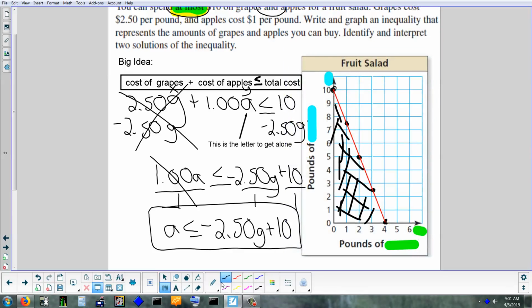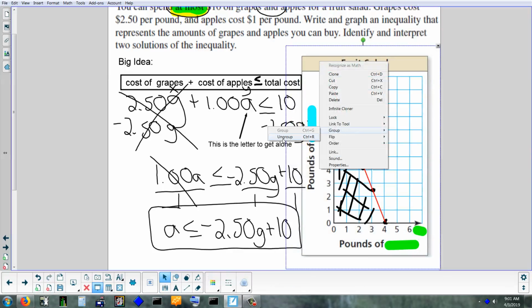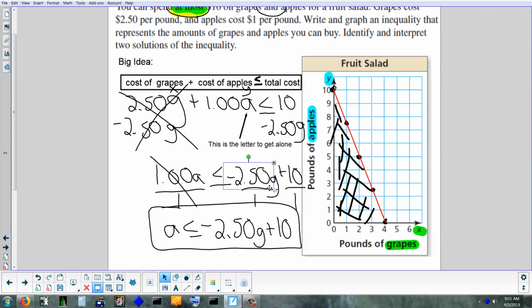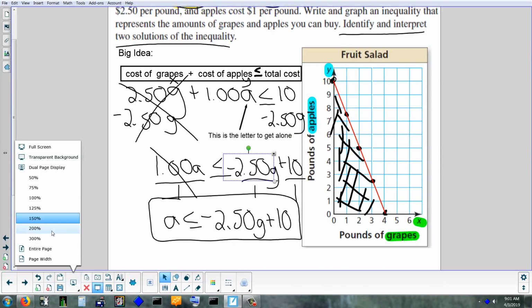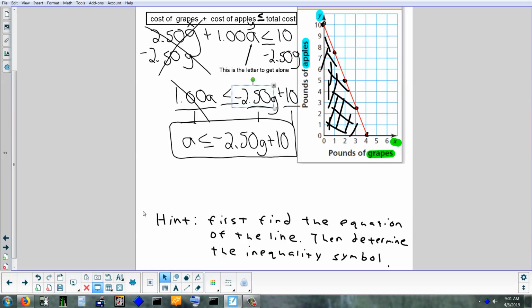The last sentence says, identify and interpret 2 solutions of the inequality.